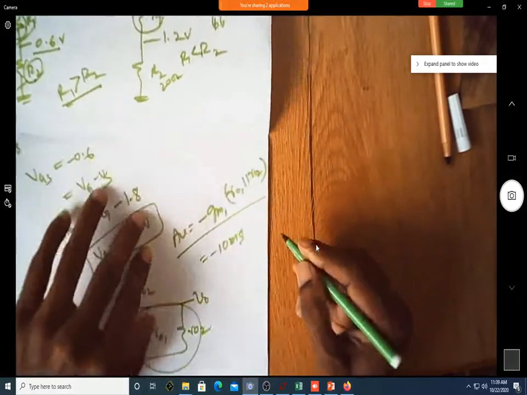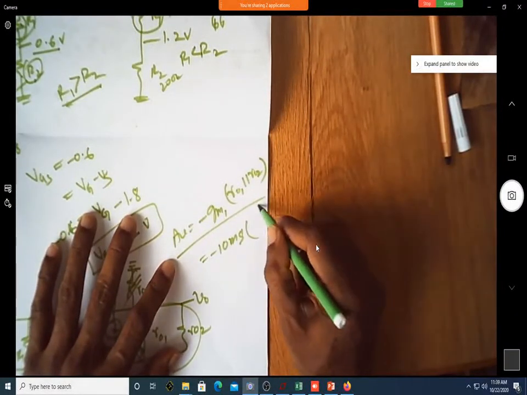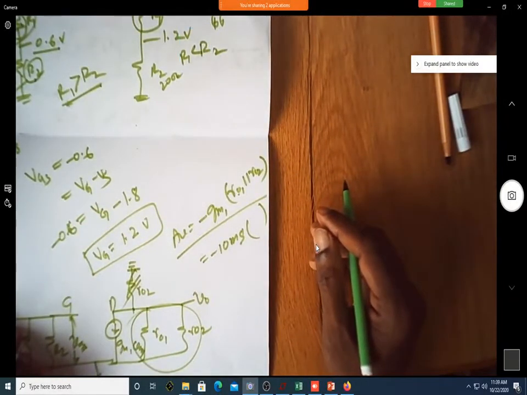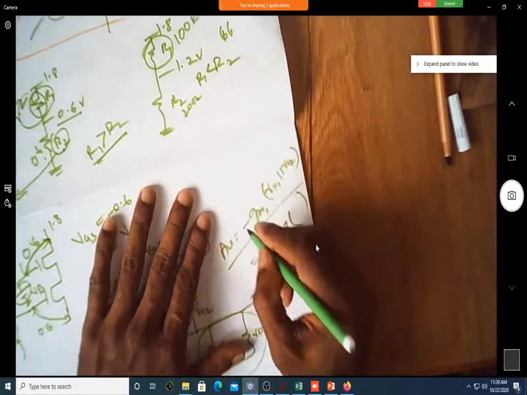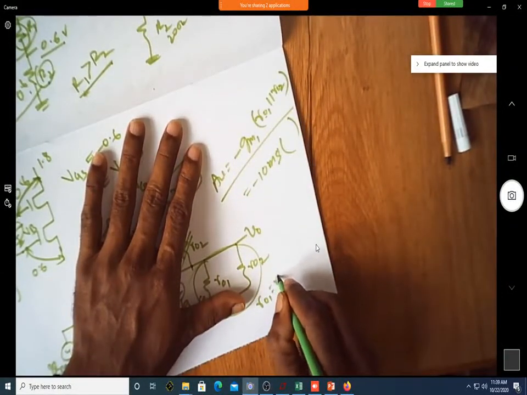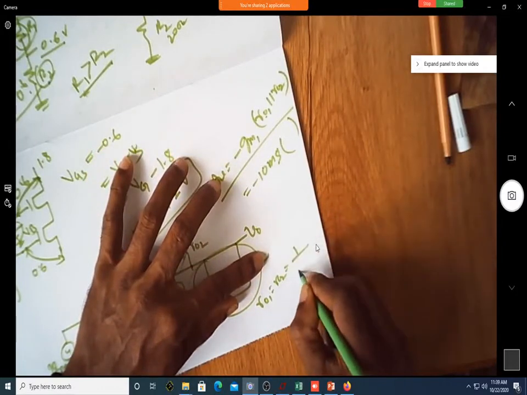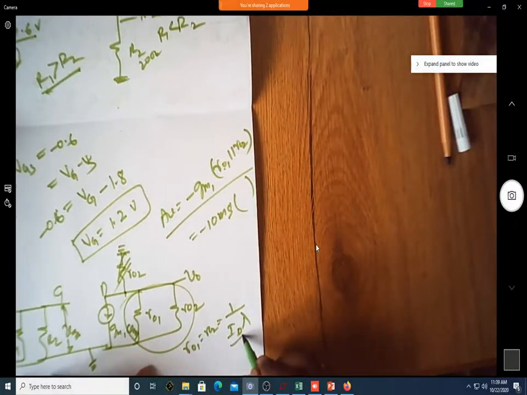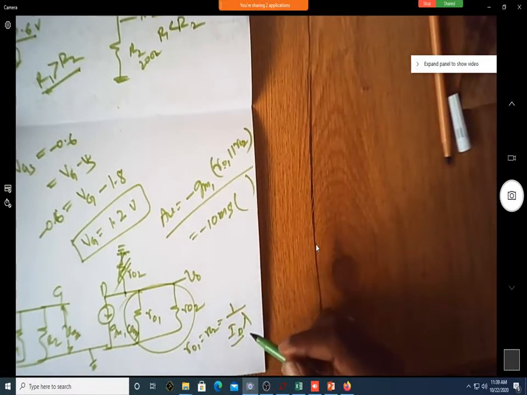10 millisiemens. How much is R01, R02? R01 is equal to R02 is equal to 1 over ID into lambda. Because does the current flowing in both the transistors same? Yes, sir.